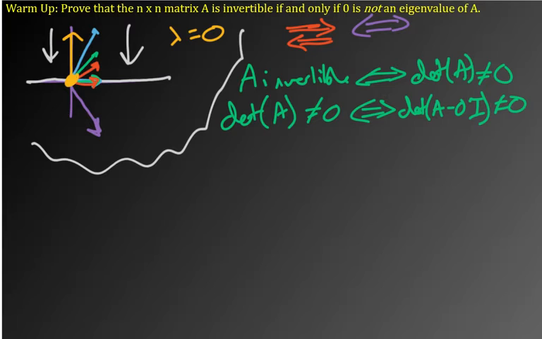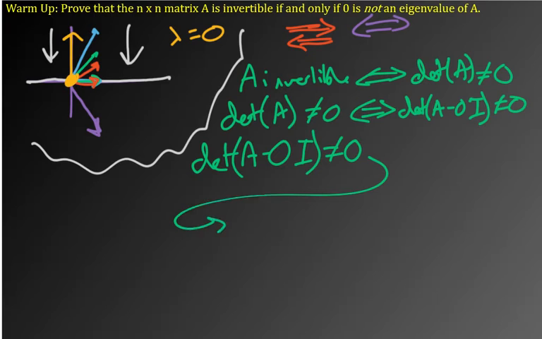And this is literally the proof: determinant of A minus 0I not equal to 0. I think I need to go down here. Is equivalent to 0 is not an eigenvalue. Because that's how we find eigenvalues. We set this thing equal to 0 and solve, and we're saying that 0 just can't be an eigenvalue then.